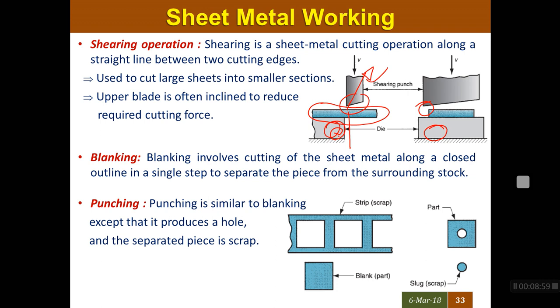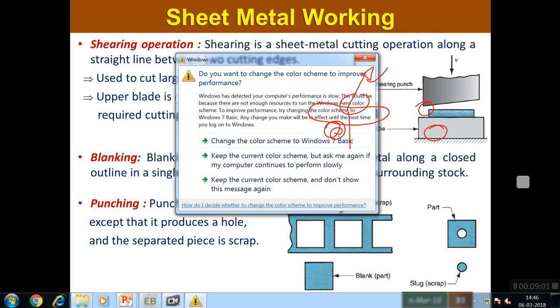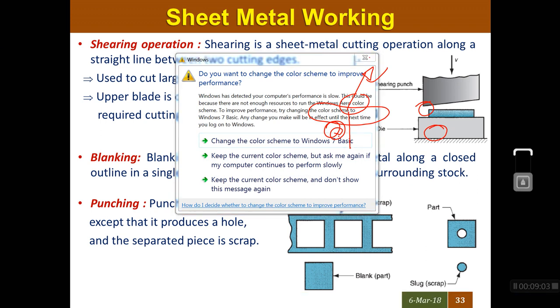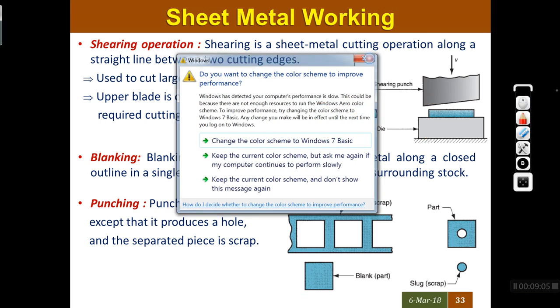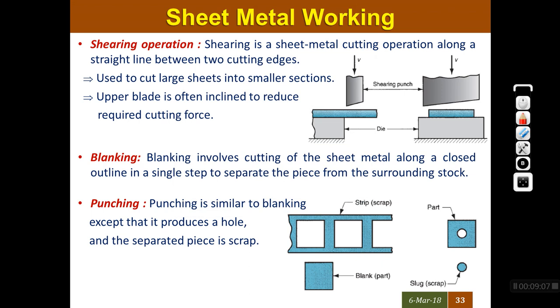In that, we punch a circular cross-section hole from the write-up. That circular hole is the waste part from the sheet metal. So punching is the operation where we cut a circular hole from the metal sheet, and the metal sheet is the desired part, and the part which is cut from the sheet is scrap or waste.